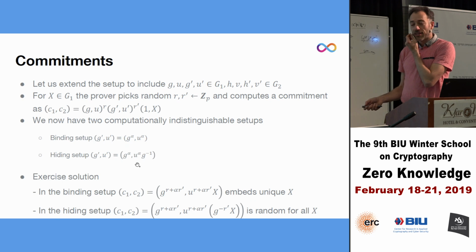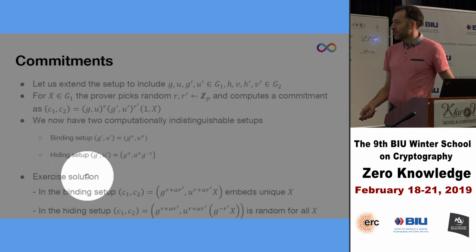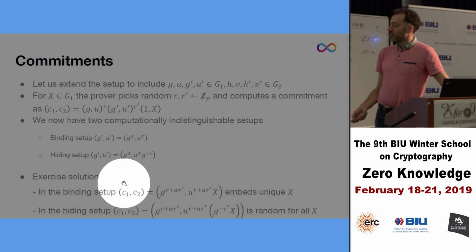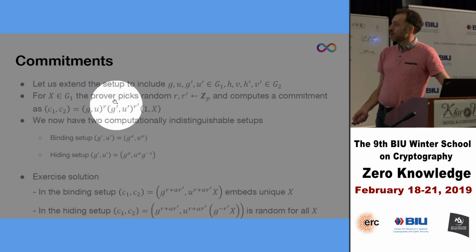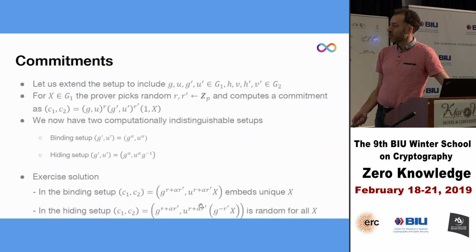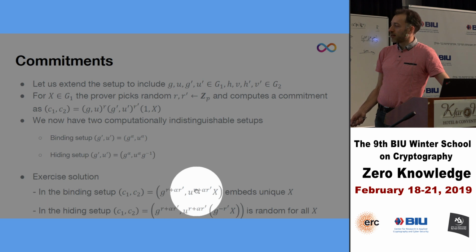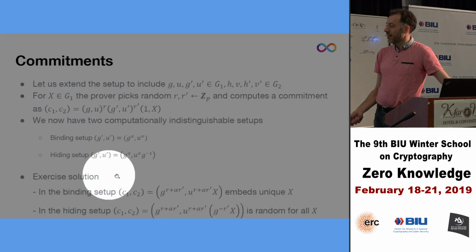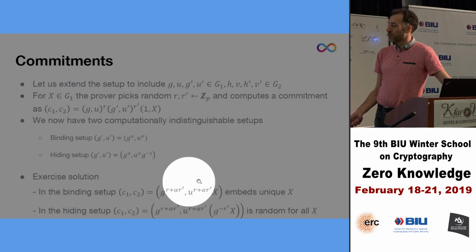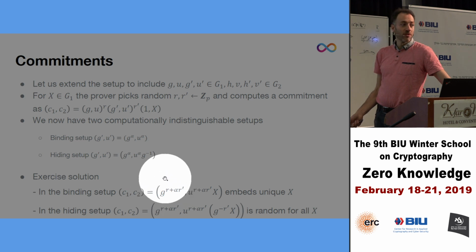Now if it's a binding setup, then the commitment C1, C2 is going to be G to the R and G prime to the R prime, and G prime is G to the alpha, so we get G to the R plus alpha R prime. And the same way we get U to the R plus alpha R prime times X, right? And that embeds a unique X. This is just an Elgamal encryption of X with randomness R plus alpha R prime. So it's a perfectly binding commitment.